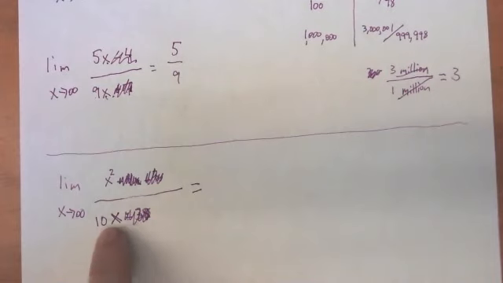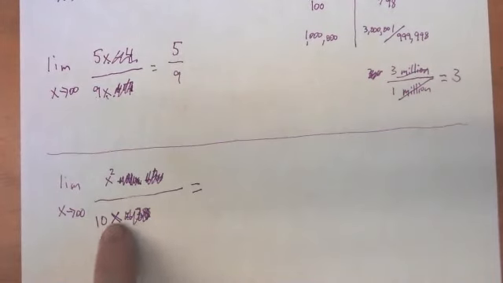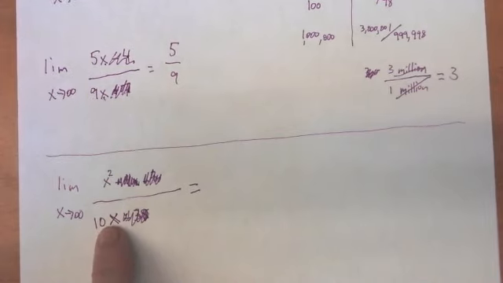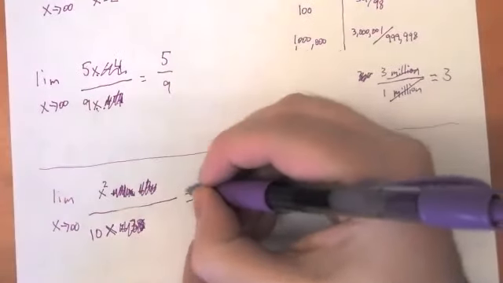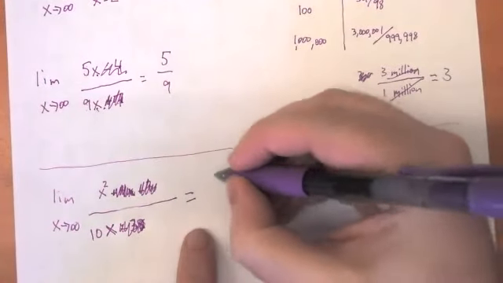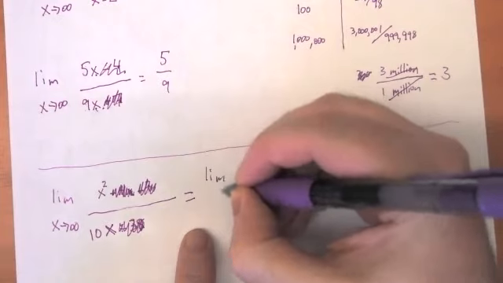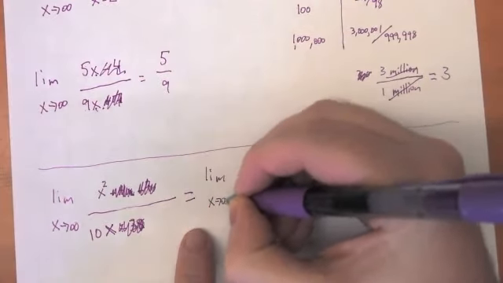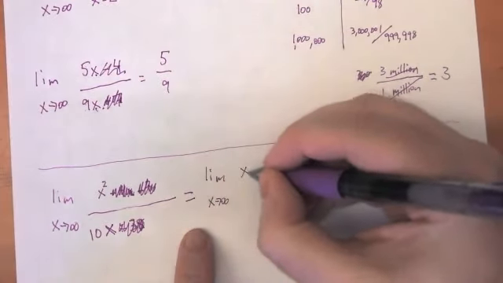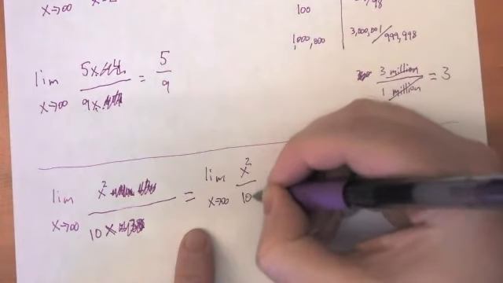It's only the 38 and the 10x. But out of these, the 10x is the only one that's going to remain significant as x is growing larger and larger. So once again, we're going to say that that's equal to the limit as x approaches infinity of x squared over 10x.